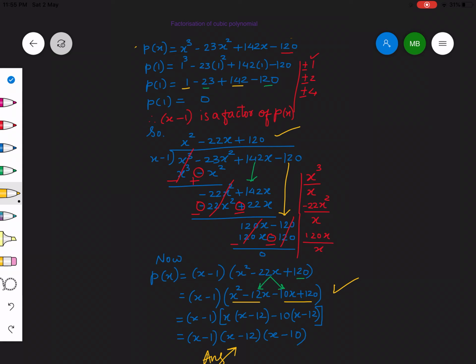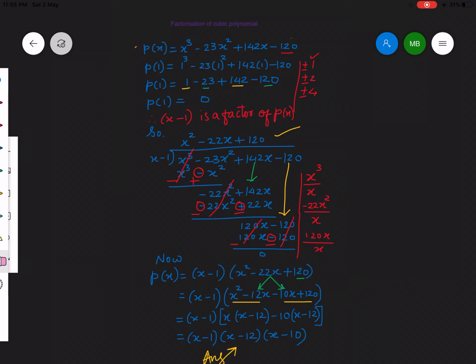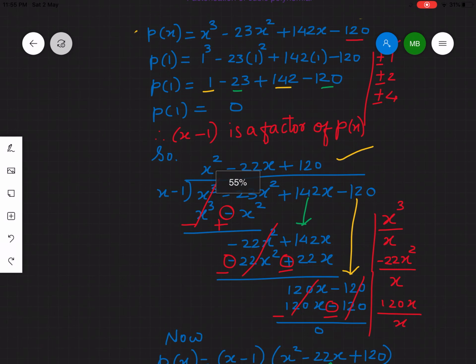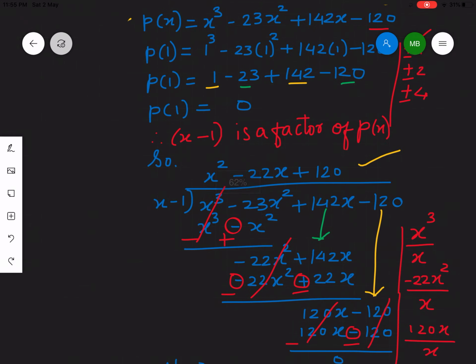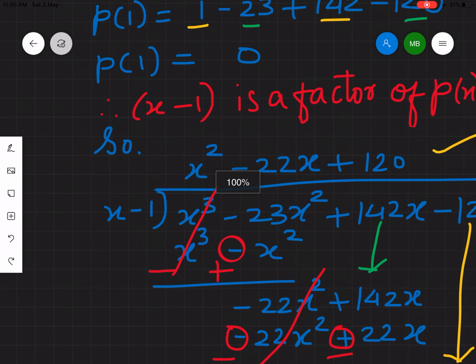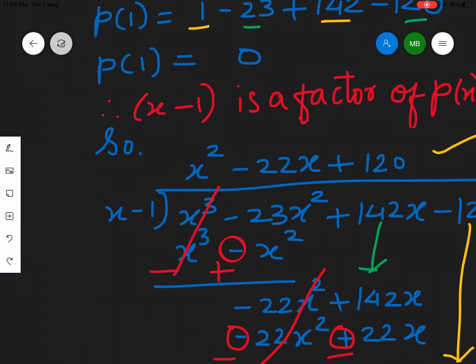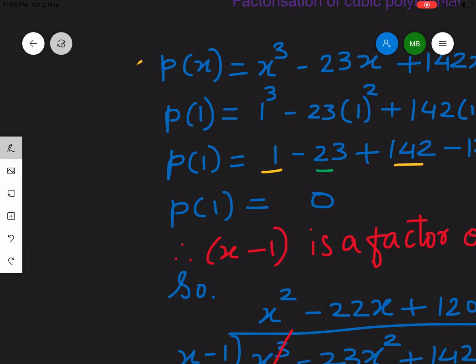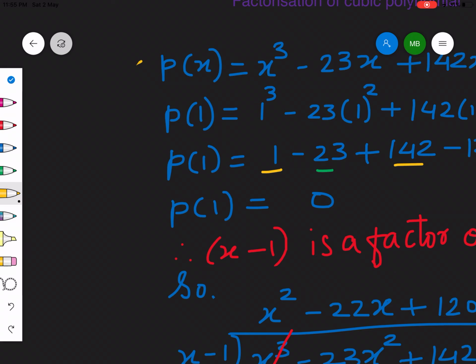When I say this, what does it mean? We can always substitute the values and check over here. If you place p of 1, we have already checked.